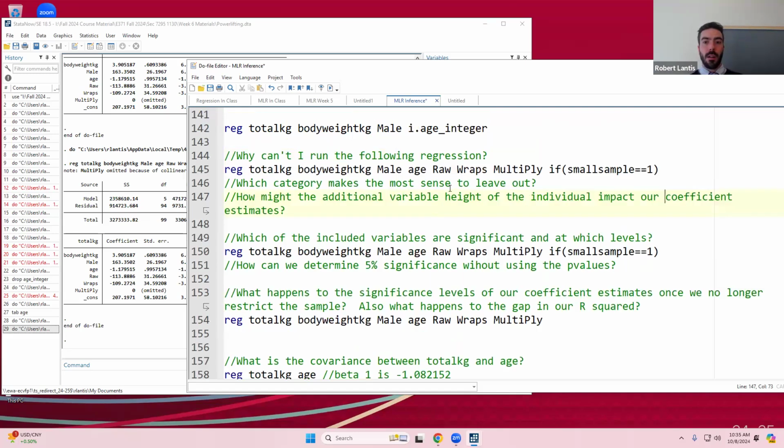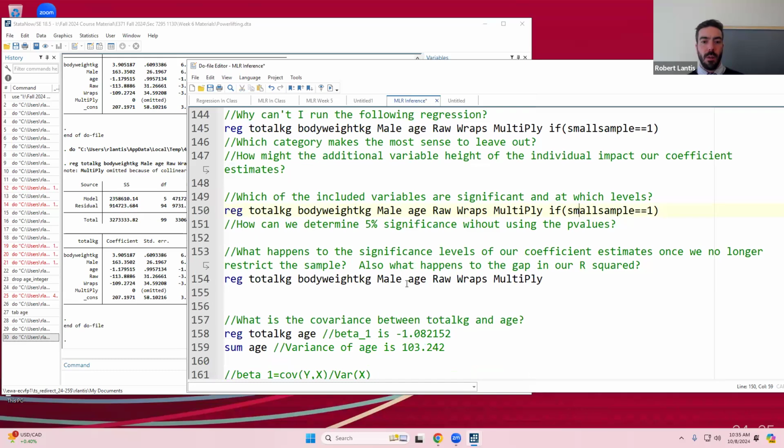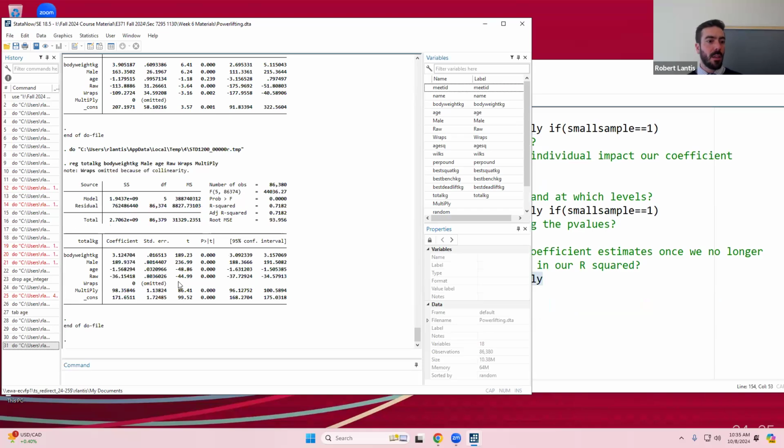So here, if I compare this to when I ran the small sample size model, notice age was the only one I couldn't reject. But if I run it without using just that small sample, using all 86,000 observations, notice which ones I can reject.